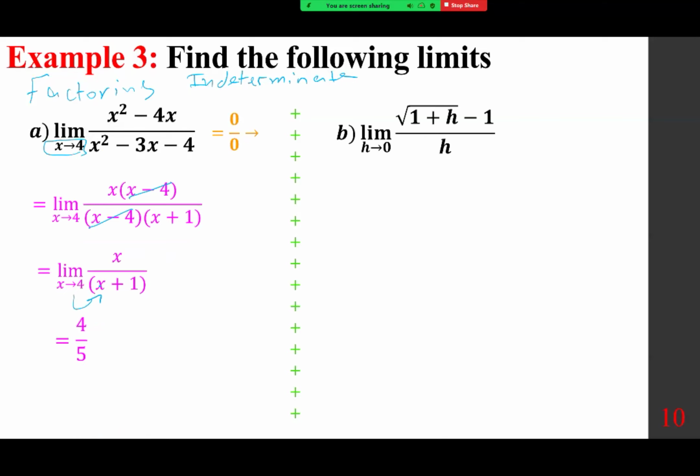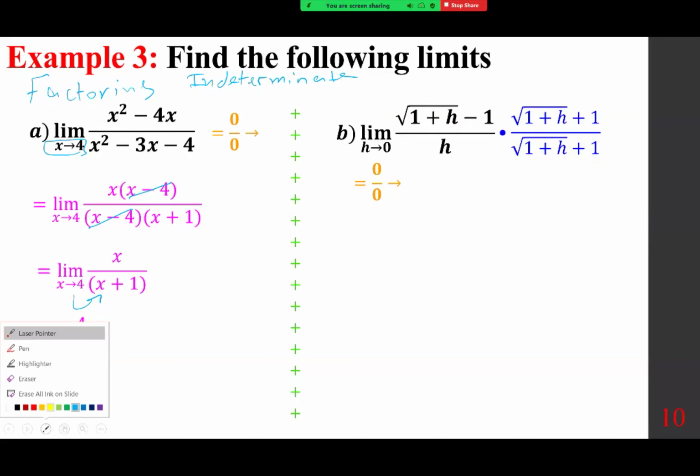Over here, if we plug in again, we get 0 over 0. It's an indeterminate form. And because we have a square root, we use its conjugate, which means we're going to multiply by the same thing. We're going to change this to a plus sign, and we divide by the same thing. The reason we use square root of 1 plus h plus 1 over the same thing is because we can only multiply by 1.